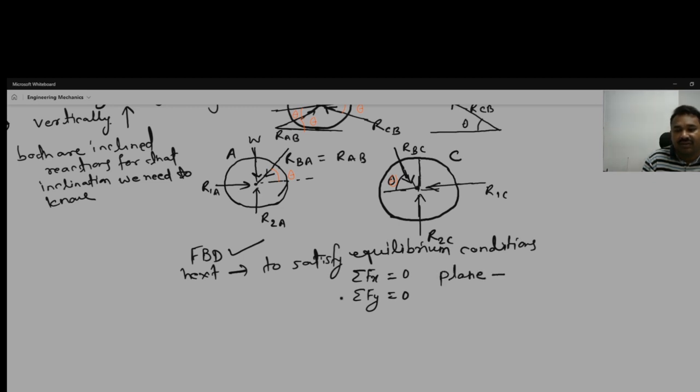Okay, means two axes, not the third axis. That's why no summation of Fz is equal to 0. What about moment? Suppose any direction, z direction, is it?